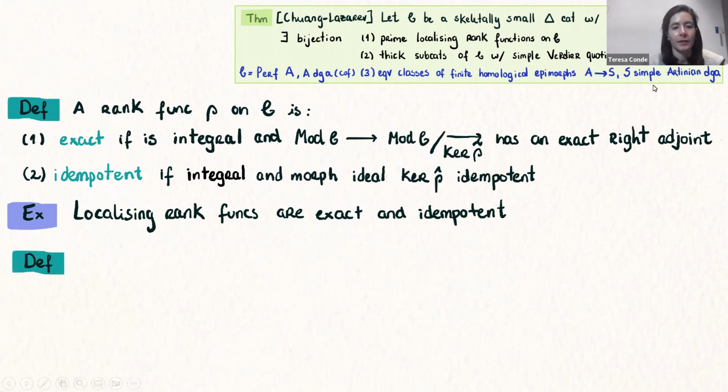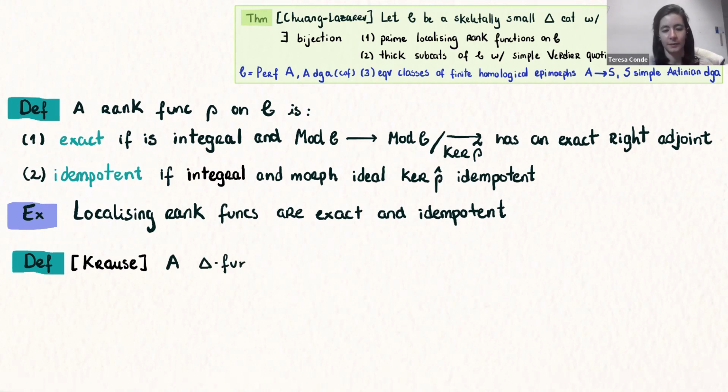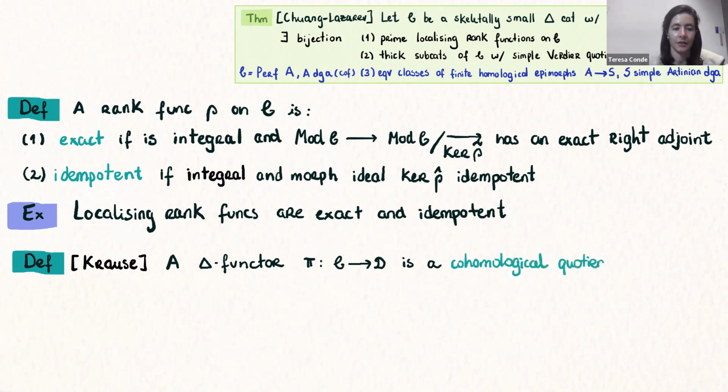Okay, so I said that we needed to consider more particular types of rank functions in here, and we also need now to consider special types of functors from our triangulated category C. And for that, we need to define what an exact quotient functor and what a homological quotient functor is in the sense of Krause.